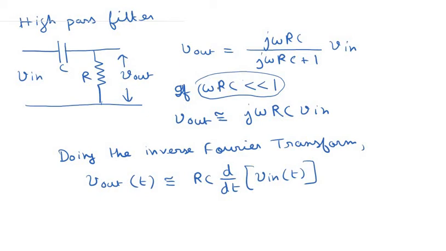But of course, if this condition is met, in that case the output signal is again very small. Okay, but however small it is, it always gives you a signal which is proportional to the exact differentiation of the input signal. So high pass filter as a differentiator.